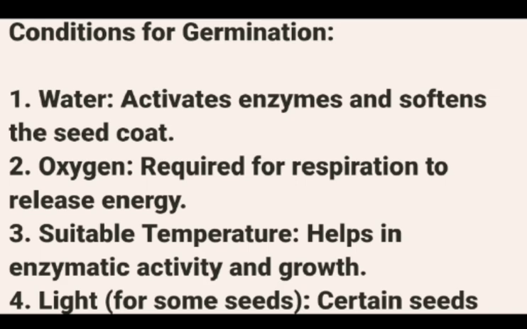Second is oxygen, required for respiration and release of energy. Third is suitable temperature, which helps in enzymatic activity and growth. Fourth is light; certain seeds need light to germinate.